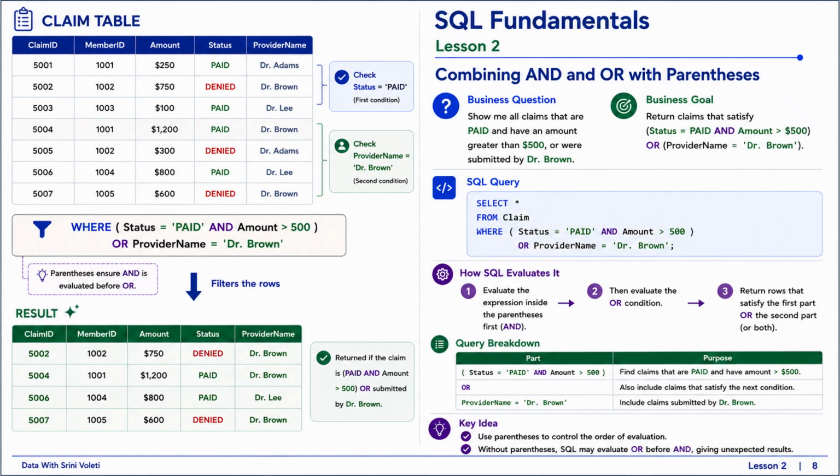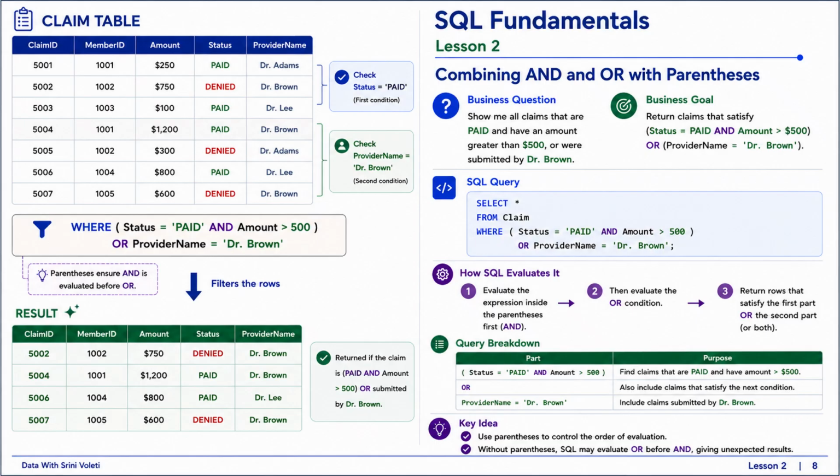Claim 5002, the claim is denied, so it immediately fails the expression inside the parentheses. However, it was submitted by Dr. Brown. Because the OR condition is true, SQL includes the row. Claim 5003. This claim is paid, but the amount is only 100. It also was not submitted by Dr. Brown. Neither condition is satisfied, so SQL excludes it.